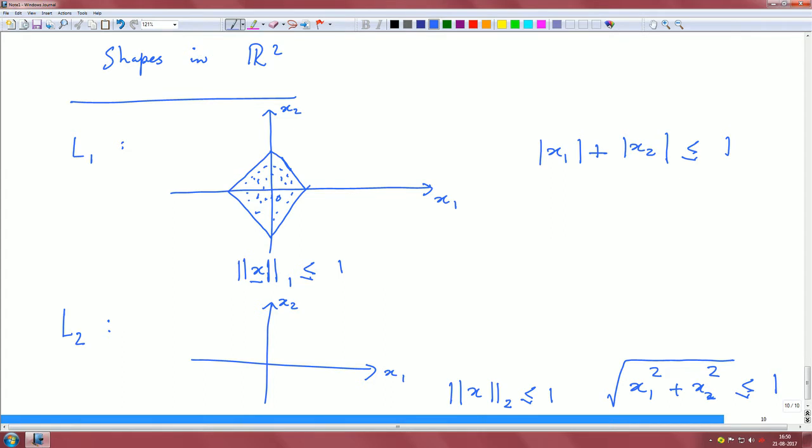Square both sides, you will have x1 squared plus x2 squared is less than or equal to 1, and we trivially know that x1 squared plus x2 squared equal to 1 is basically a circle, right, centered at the origin. This is from our basic coordinate geometry. So, all our 2 dimensional vectors are lying inside this circle. Clear? This is the geometry.